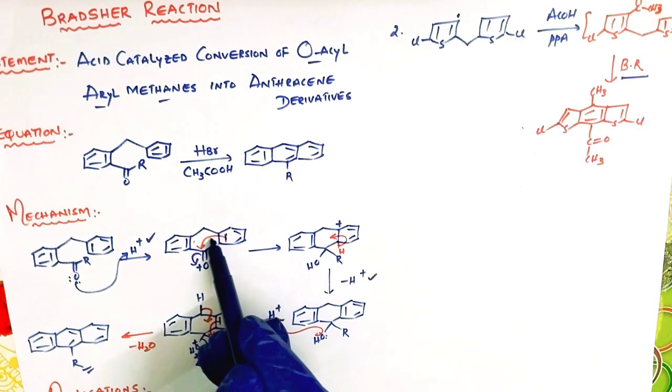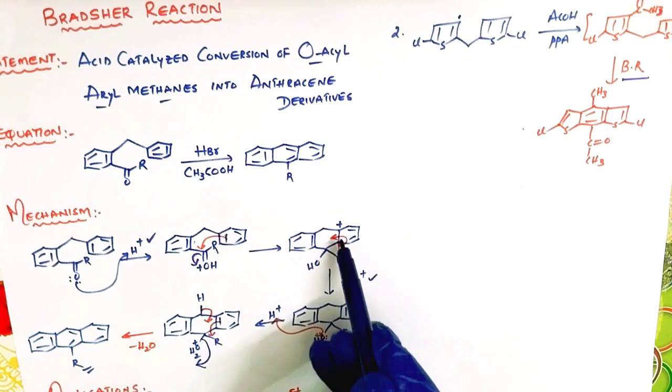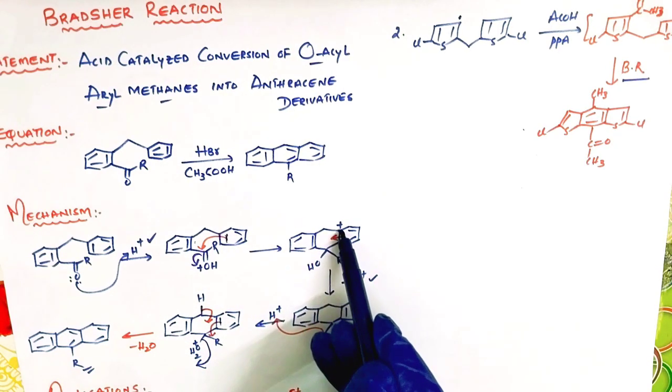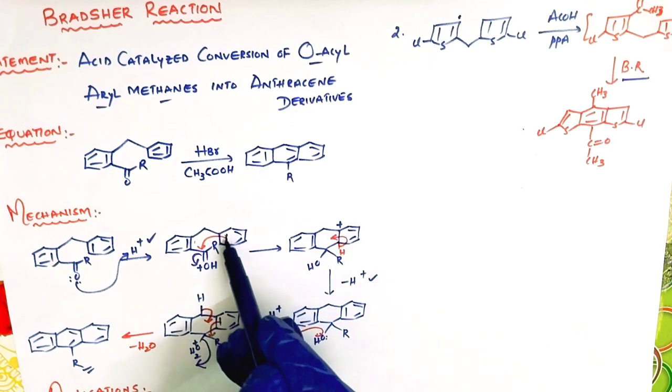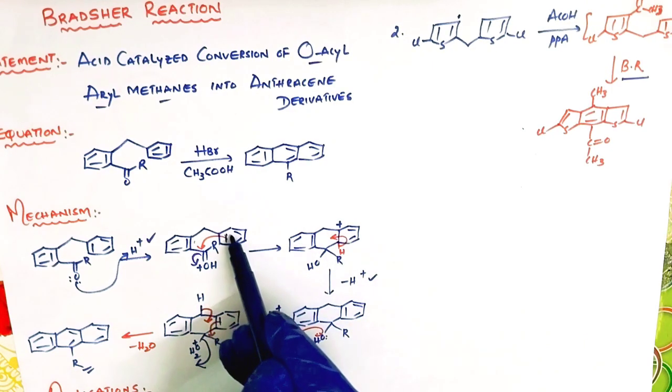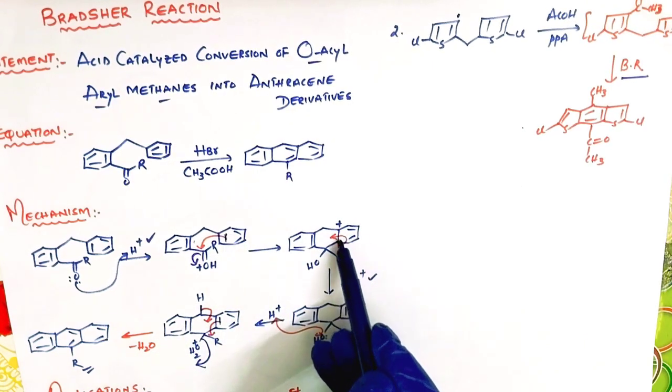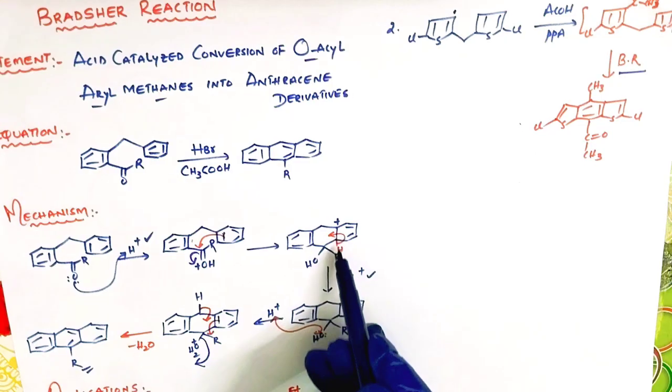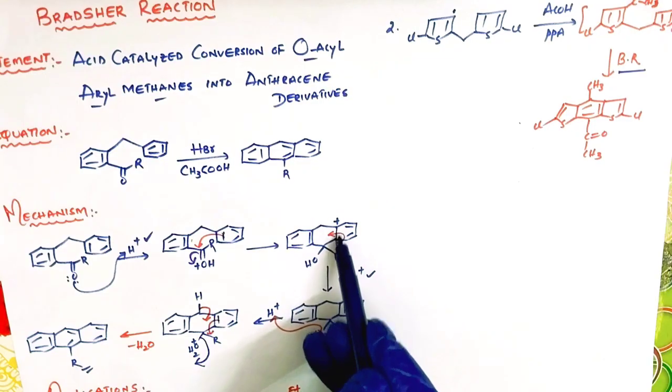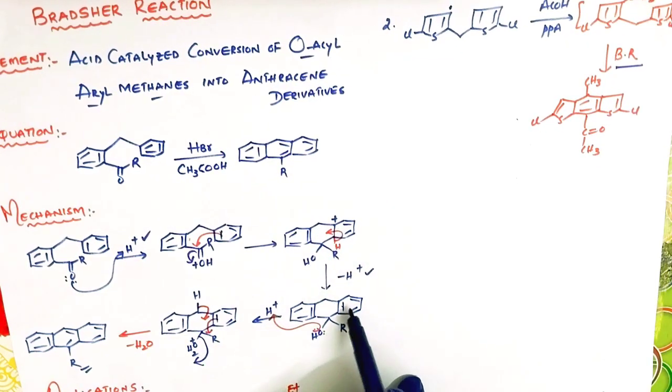Once these pi bonding electrons shifted towards this side, electropositivity will be developed or not. So electron deficiency is developed, positive charge. So here it is an aromatic one or not. Now the aromaticity is disturbed or not. So in order to retain its aromatic character, what happens? The hydrogen is removed in the form of H plus ion, leaving a minus charge here. Thereby plus and minus form a pi bond here like this.